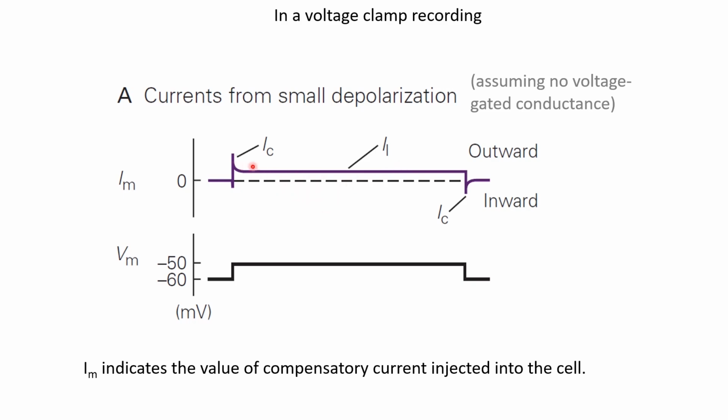So we will see a positive value of the compensatory current, and this value will correspond to the magnitude of the leakage currents. So if we ignore the voltage gated conductances for now, then the capacitive current and the leakage currents will look something like this. So we will see the sharp pulse here, and then a constant value that corresponds to the leakage current, and then a negative sharp pulse here.